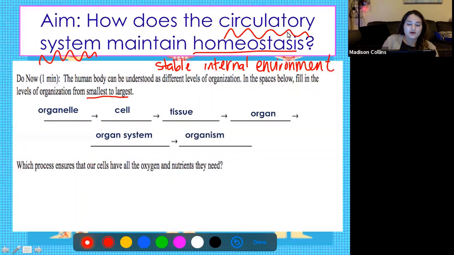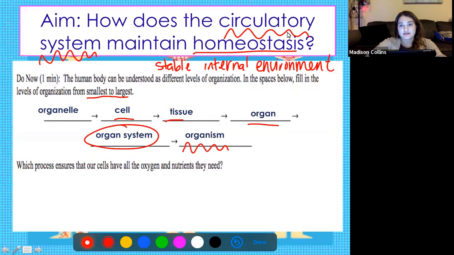So throughout this unit, we're going to be talking about organ systems, but it's also important to remember that those organ systems are made up of organs, which are made up of tissues, which are made up of cells, etc. And all of these different features come together to build up what we know as the organism.